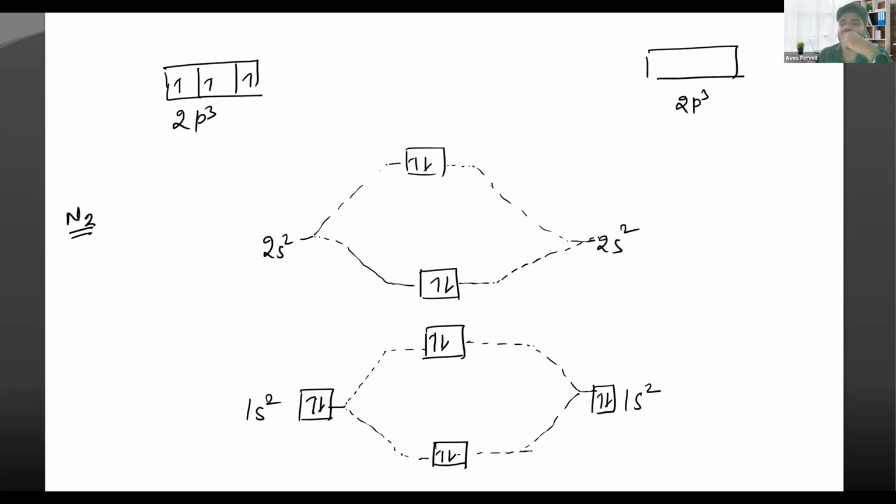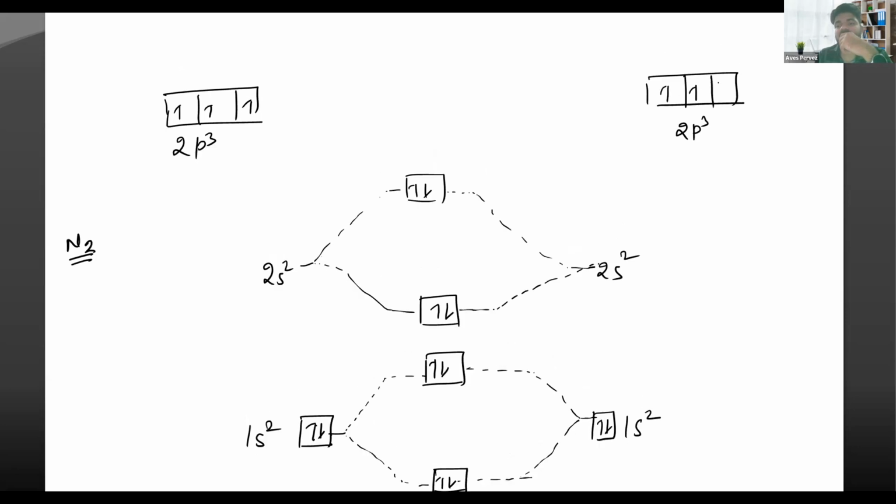So if the electrons are less than 14, we will have this type of arrangement.